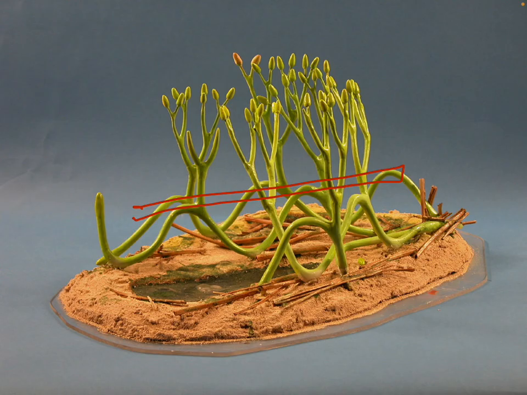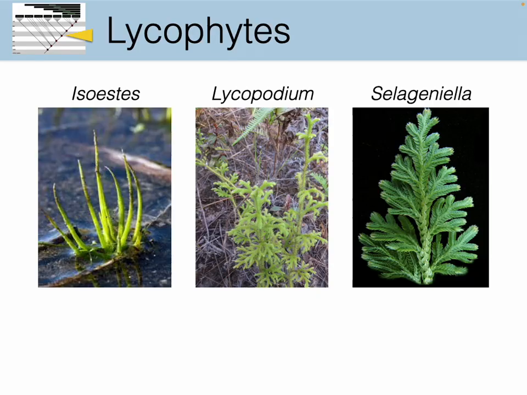So this, just the stem and sporangia, a very simple looking plant, is actually one of the first plants we have recorded in the fossils. So this is one of the oldest plants there.